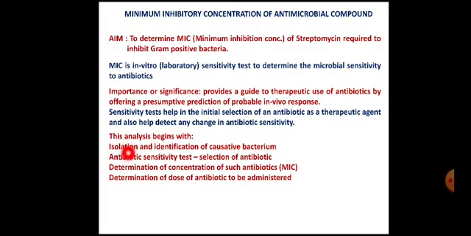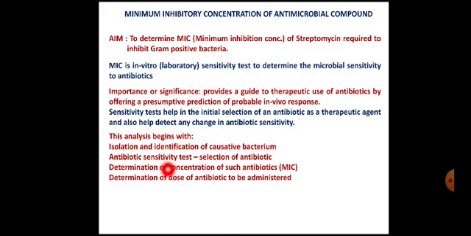This analysis begins with the first step, isolation and identification of the causative agent of the disease, for example a bacterium. Second step, antibiotic sensitivity test, to select the particular antibiotic. The first and second steps you have performed in the clinical microbiology course.